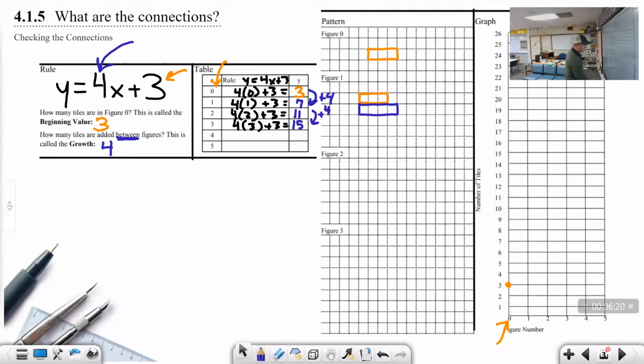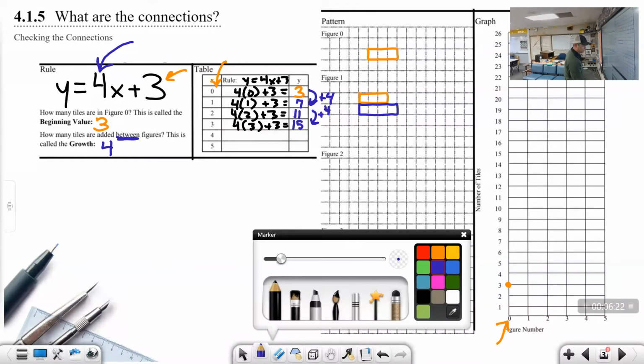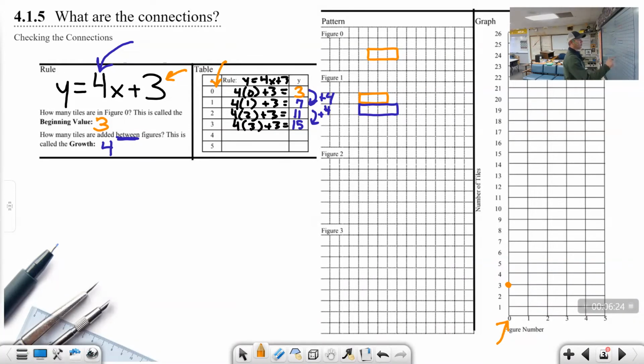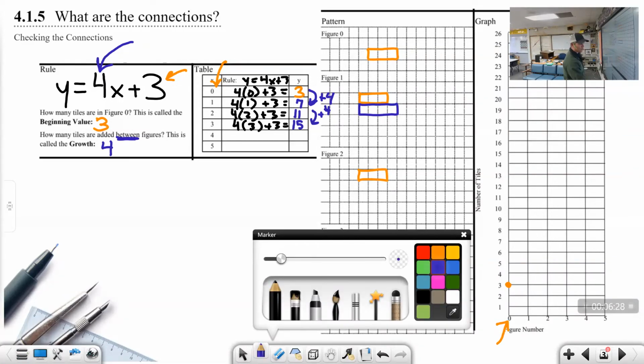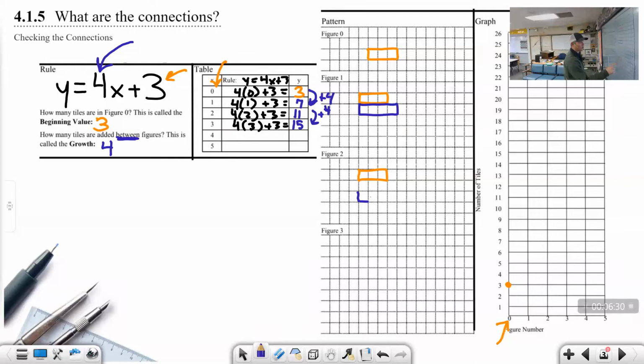Now notice I've got to go ahead and bring in one more color. Students make this mistake all the time because they will continue to use blue for the growth. But I want you to notice the growth is 4. And so this is the beginning.